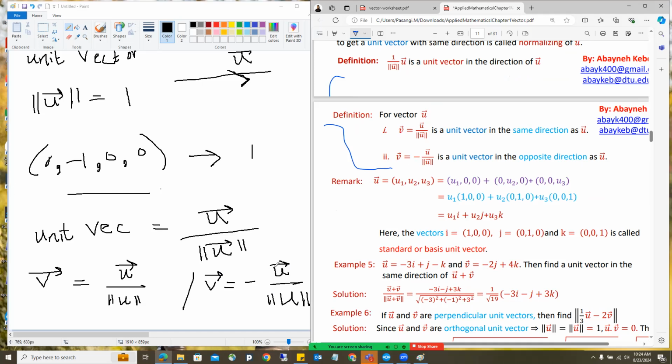That means the opposite direction to vector u. It is still a unit vector because the magnitude is 1, but the direction has been reversed. So we have the opposite direction.